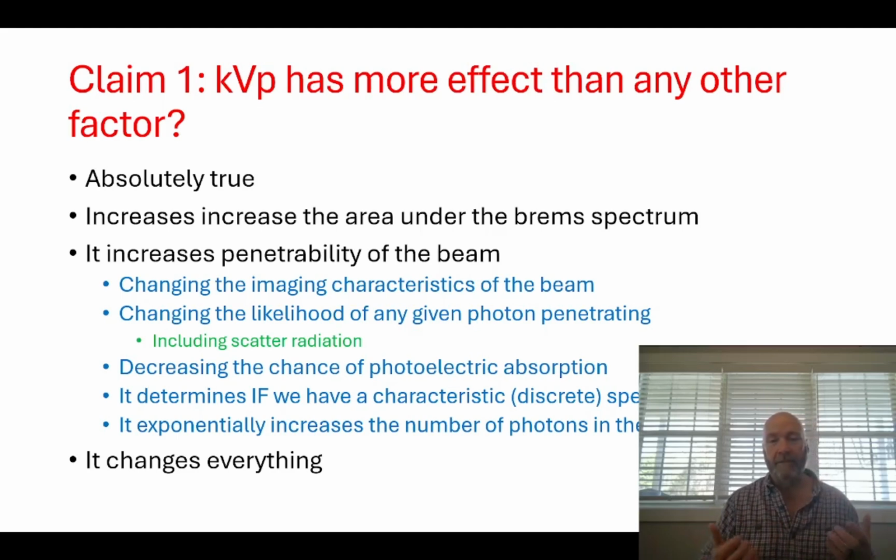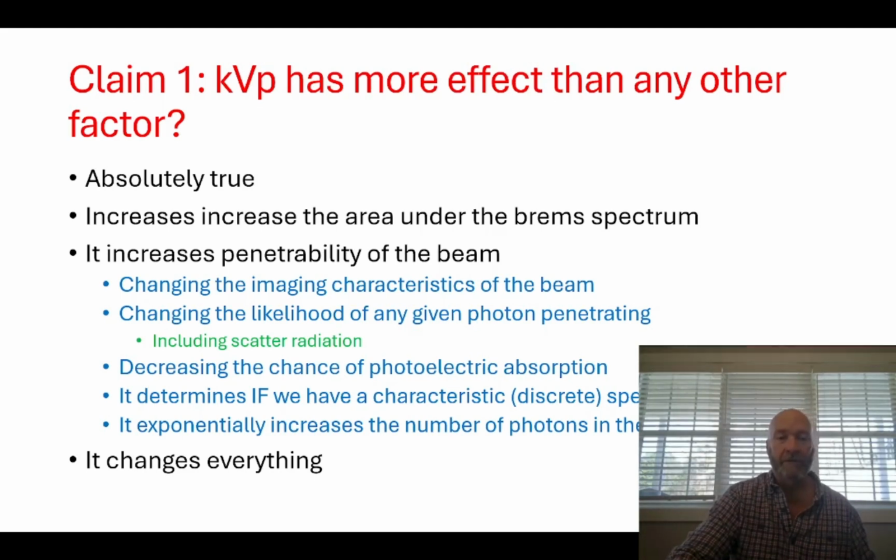So it changes the imaging characteristics of the X-ray beam, and what I mean by that is that we're more likely to penetrate the patient as opposed to having photoelectric interactions. All interactions, as we'll see later on, go down, but what we get is an increase in scatter penetrated through the patient incident on the image receptor.